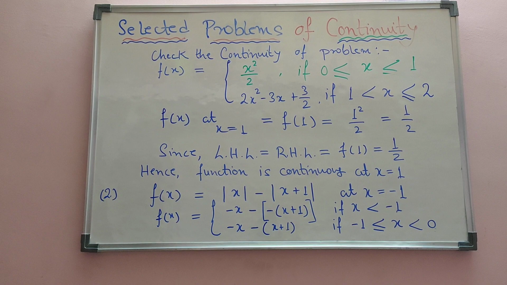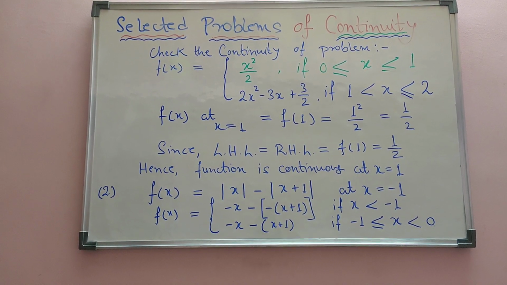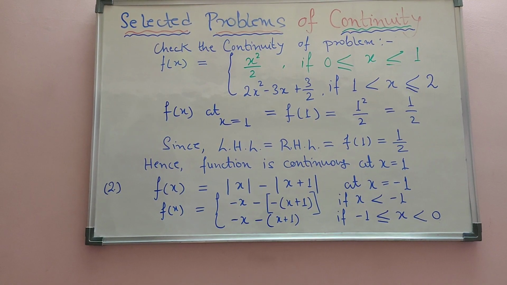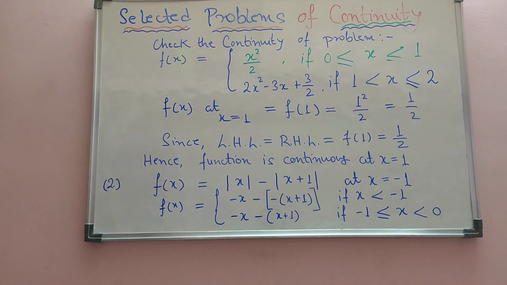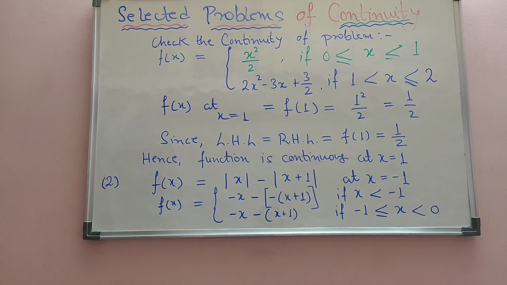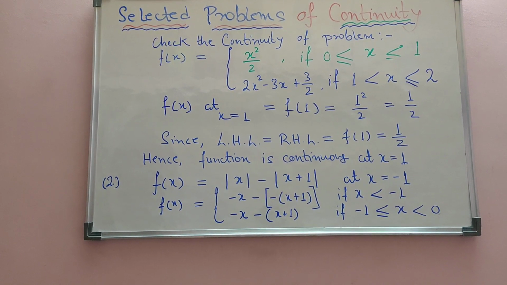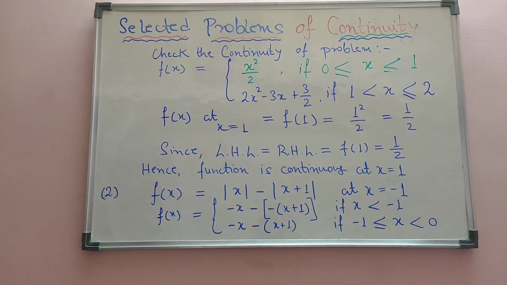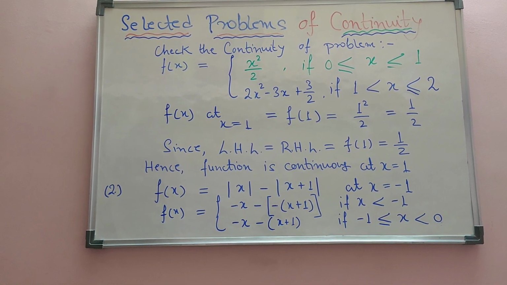So that's why it becomes minus x, because mod x becomes minus x. Then after that the minus sign is already given there. And for the mod of x plus 1, it becomes minus of x plus 1. That's why I have taken it in a big bracket, if x less than minus 1.